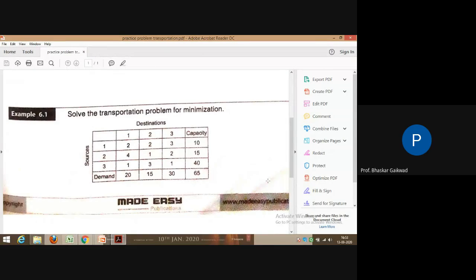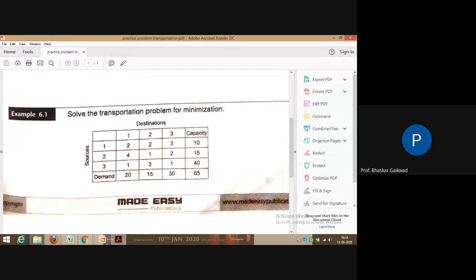Solve these problems by using VAM methods. First of all, you have to find out the row difference and column difference. After that, find the maximum value in that row or column, and where the minimum element is, there you have to write and cross either the column or row.